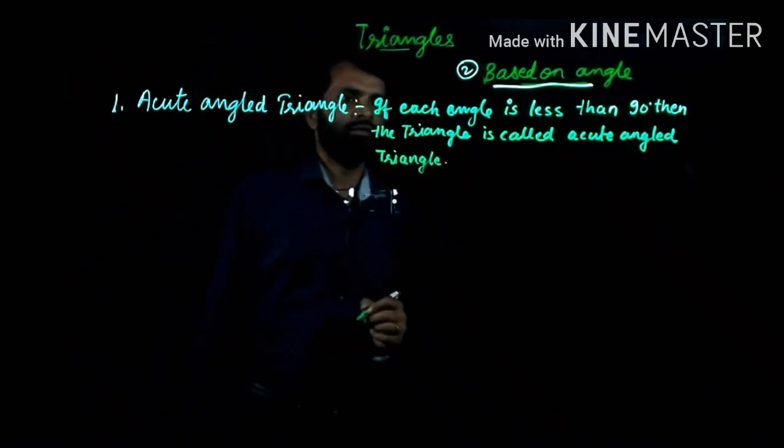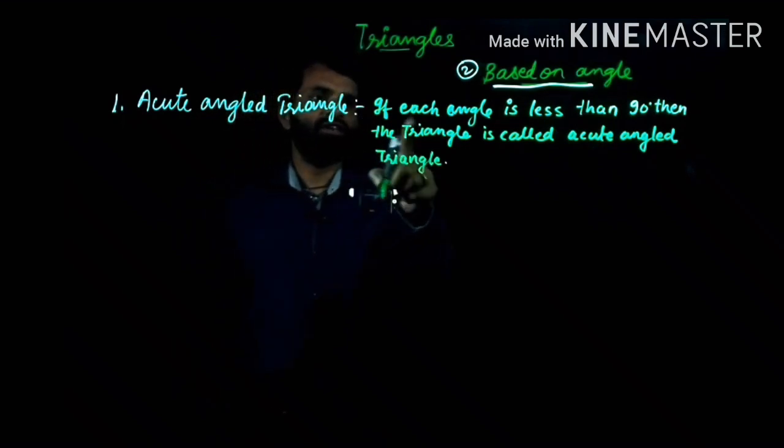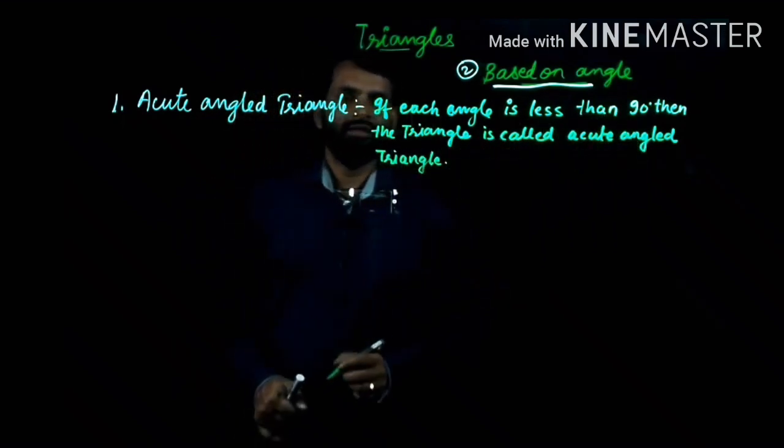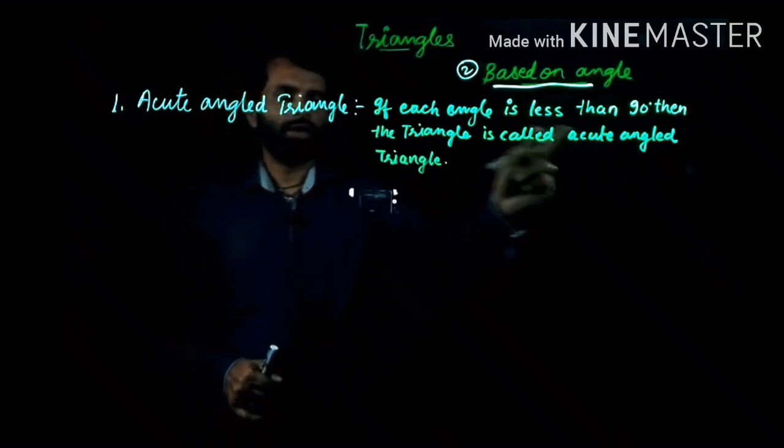If each angle is less than 90 degrees, the triangle is called acute angled.